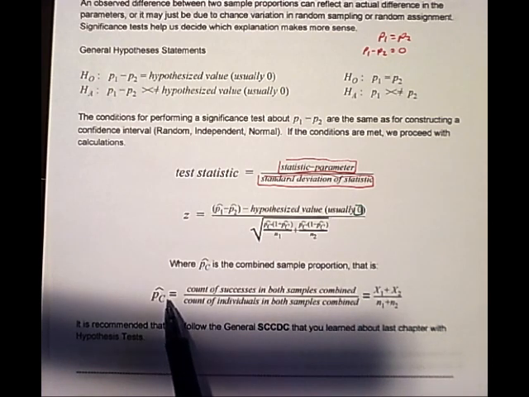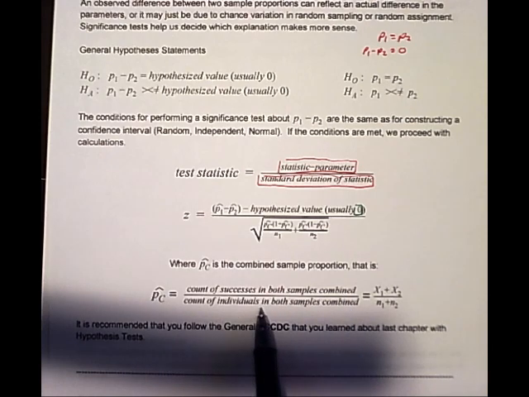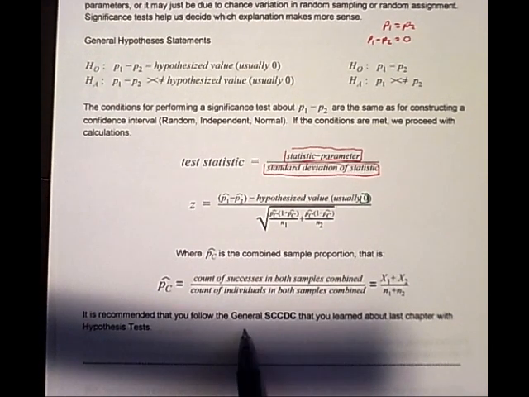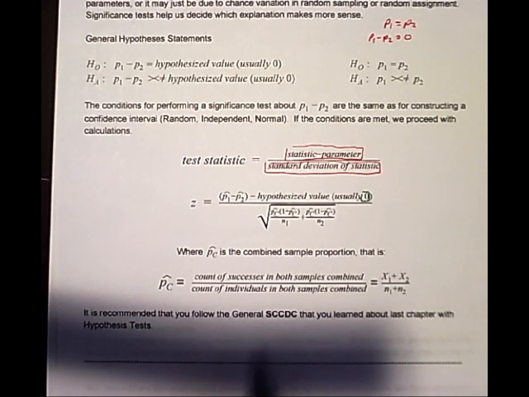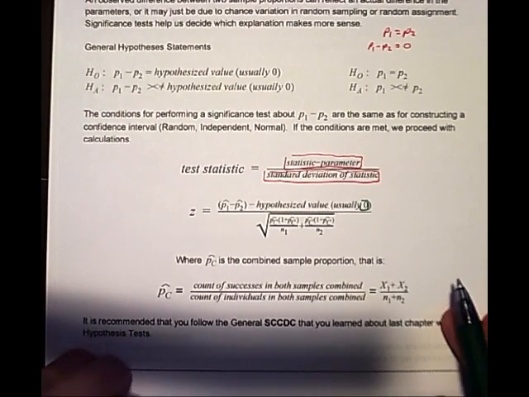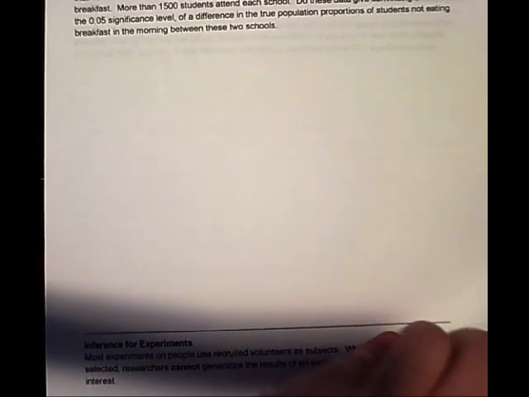That is, p hat c equals the count of successes in both samples combined over the count of individuals in both samples. All right, and it's recommended that you follow the general SC-CDC process that you learned about before. Best way to learn this is through an example.